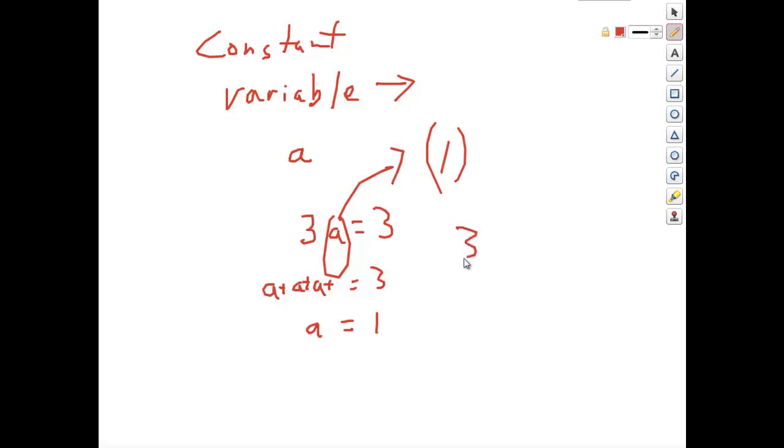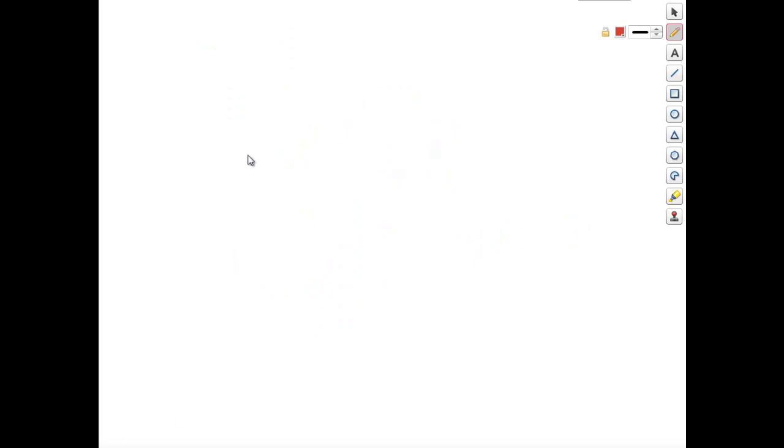If it's the number 1, it's 3 times 1 equals 3. So a variable is simply a symbol that represents a number, but that's pretty simple. What are the implications of that? Well, the implications of that are that anything we can do to a number, we can do to a variable.